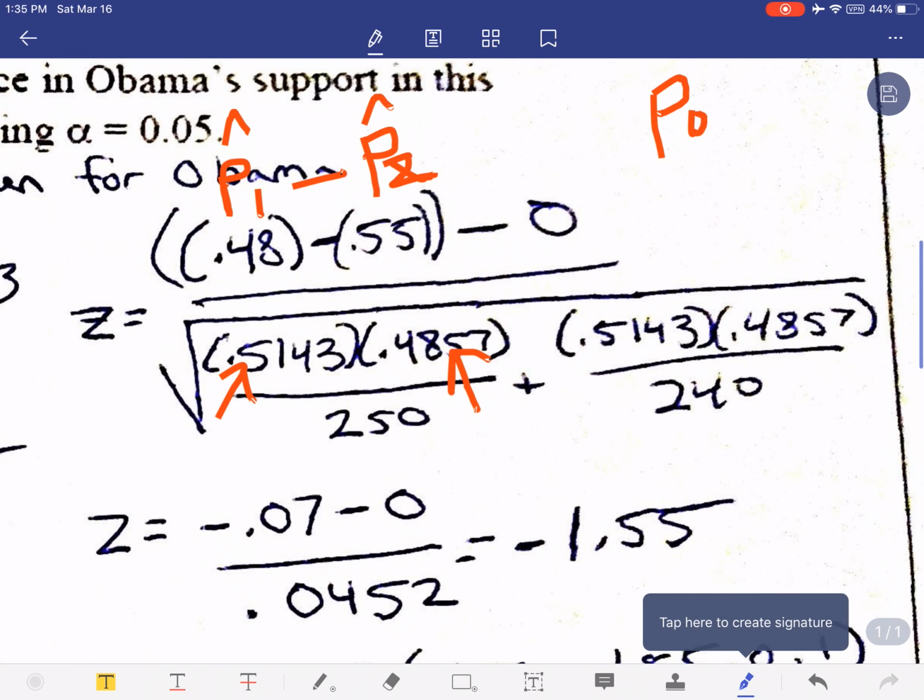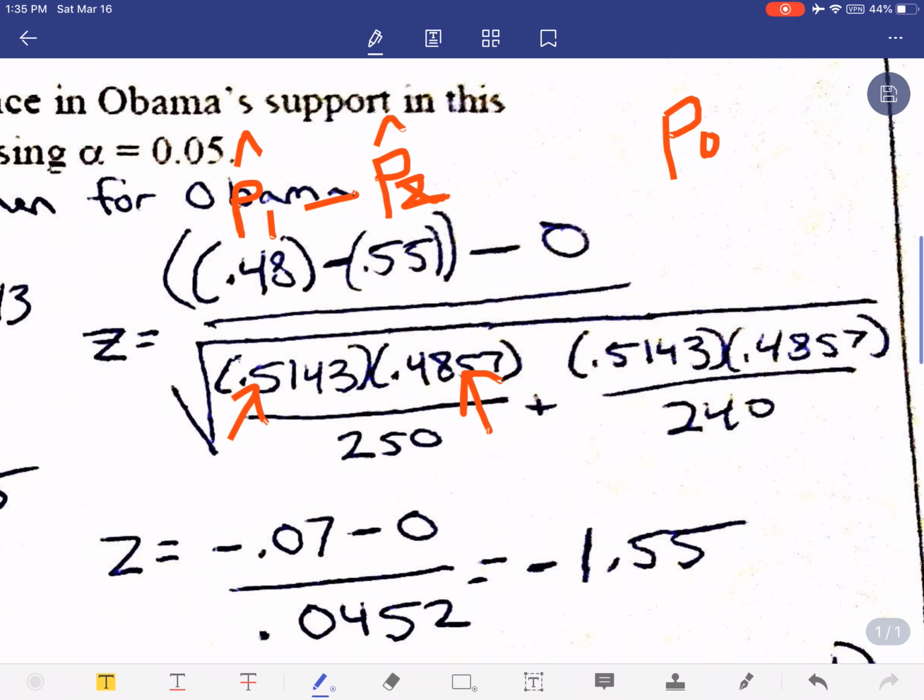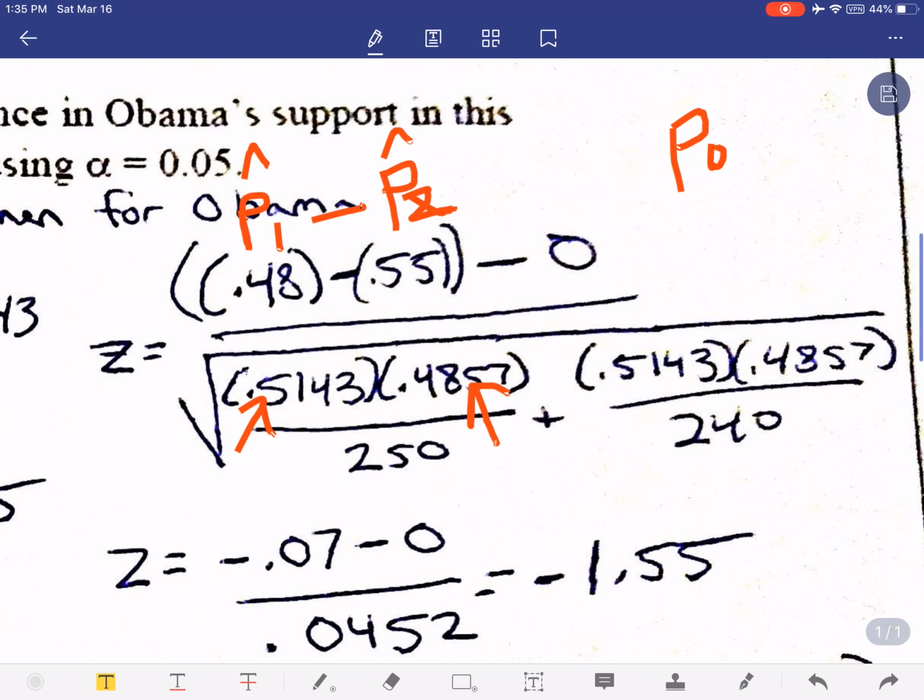Now if you notice on the bottom, we still put the different sample sizes from the different samples. So we had a sample size of 250 for the men and 240 for the women. So those numbers will change, but the top will always stay the same for these significance tests.